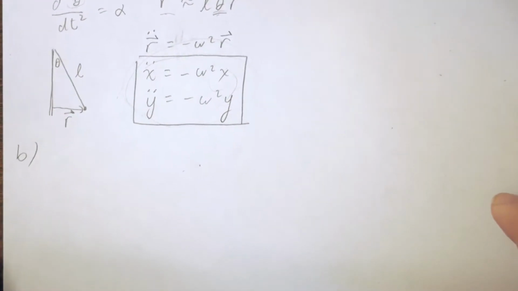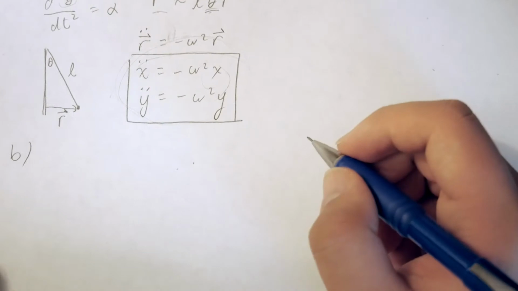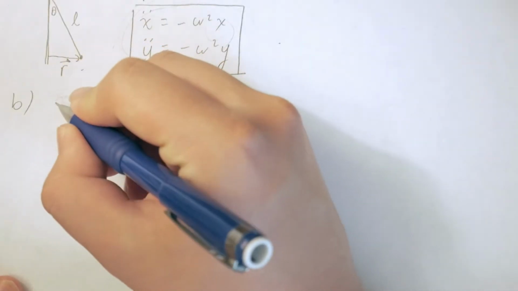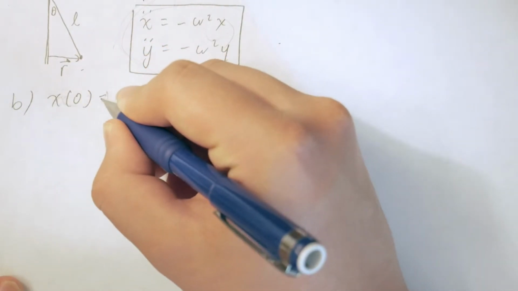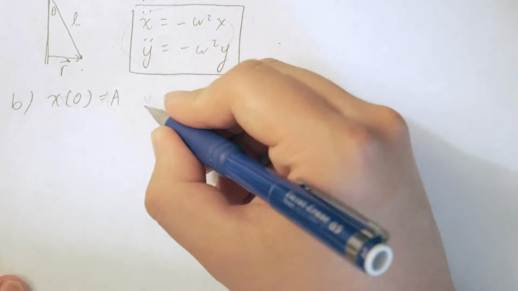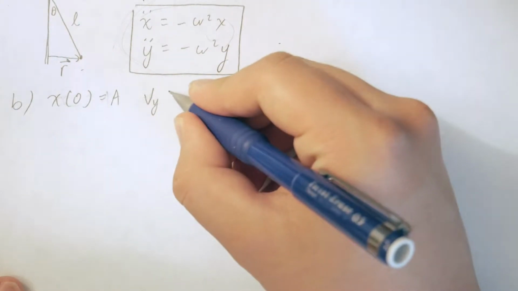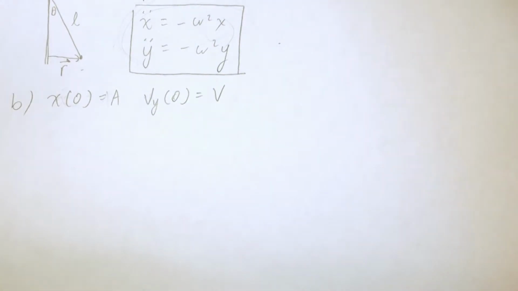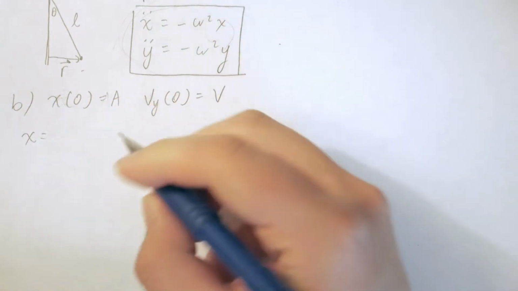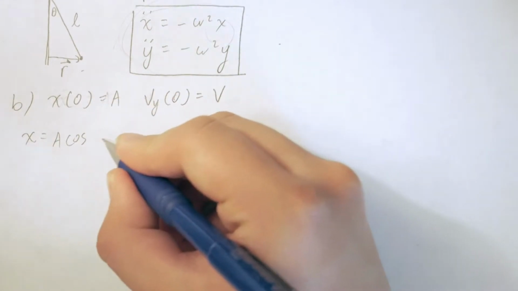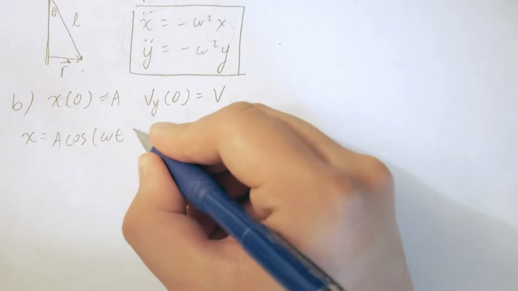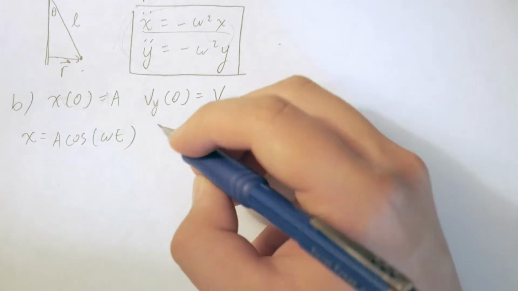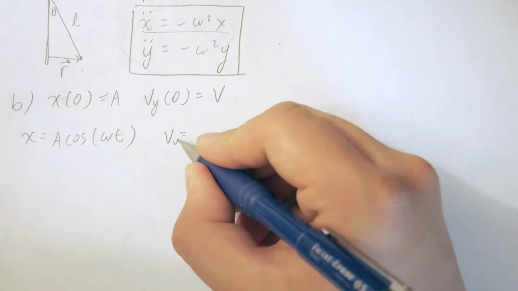And since A is just simple harmonic motion, all we have to do now is apply the initial conditions. We know that the initial position, or the initial x-coordinate, is A, and that the initial y velocity is v. And we can immediately see that the x-coordinate is given as such using the simple harmonic formula. And here we know that the speed is also simple harmonic.